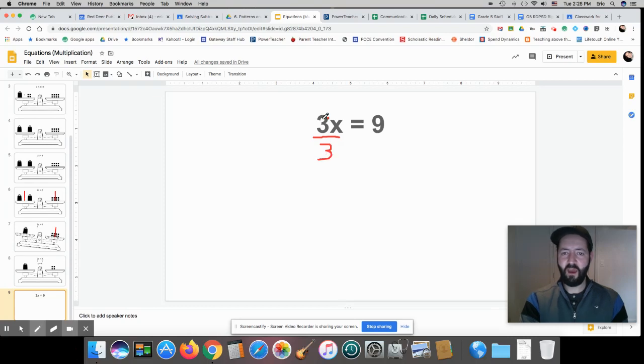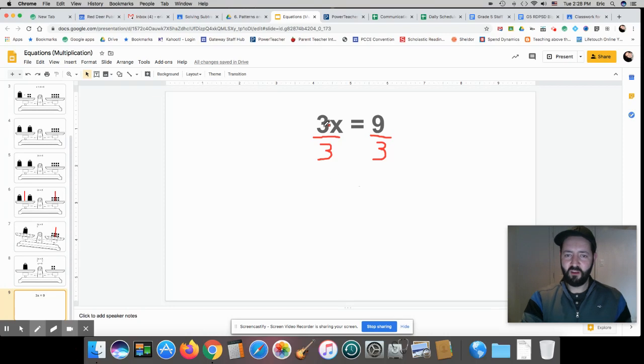If we have 3 bags to start with and we split them into 3 groups, that means each group is only going to have 1 bag left in it. But then we have to do the same thing over on this side. If we have 9 little squares, and we want to divide them equally between those 3 bags, we would show that by saying 9 divided by 3.